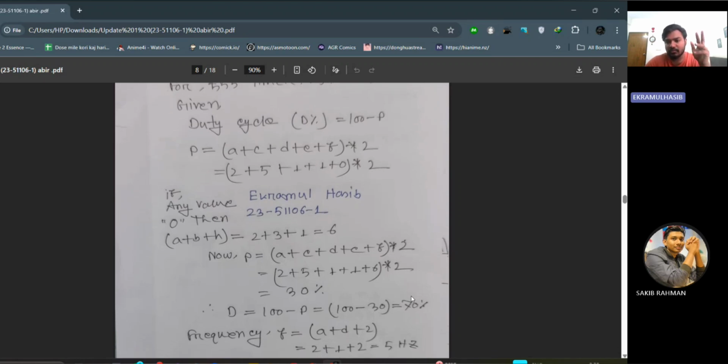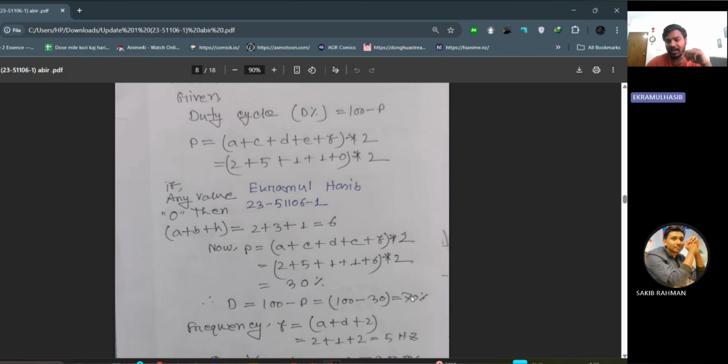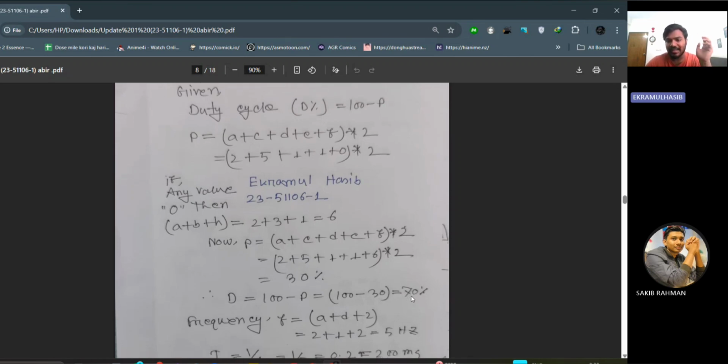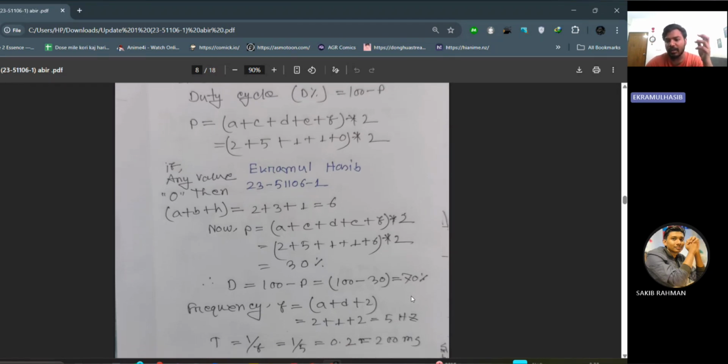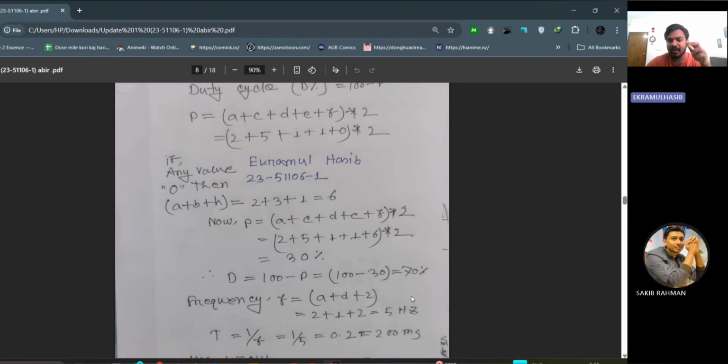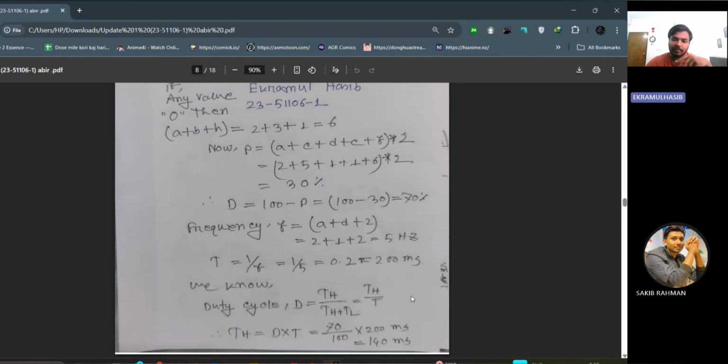A equals 2, C equals 5, D equals 1, E equals 1, F equals 0 into 2. But if any value is 0, then replace it by A plus B plus H, 2 plus 3 plus 1, that means 6. So F is replaced by 6, that means P is 30%. Then D equals 100 minus P, 100 minus 30 equals 70%.